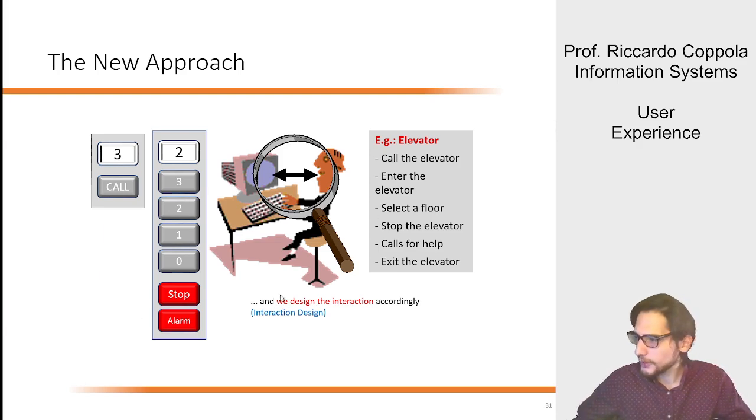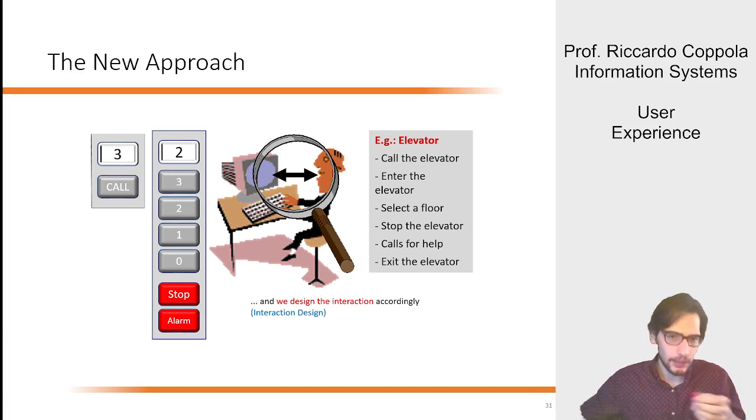We need to stop the elevator, we need to call for help, so we have a button for stopping, a button for calling, and then exiting the elevator is actually done with my feet getting outside of the doors. So this is a very trivial example, but once you define the use cases, you can start designing the user interface of the system by designing buttons and input mechanism and output mechanism to interact with the system.